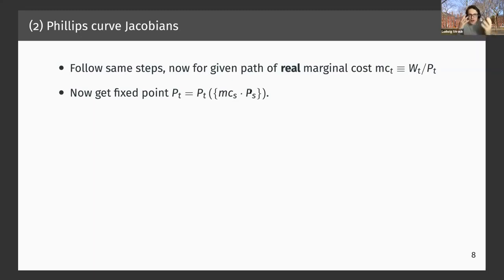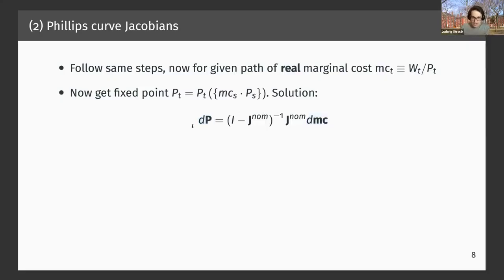So now prices show up on both sides, and so we have to solve a fixed point. But that turns out to be not particularly hard once we linearize that equation again and focus on small shocks to real marginal cost. And so we end up with a relationship that, using this nominal price Jacobian, gives us a way to figure out the response of the price level for a given path of real marginal cost.